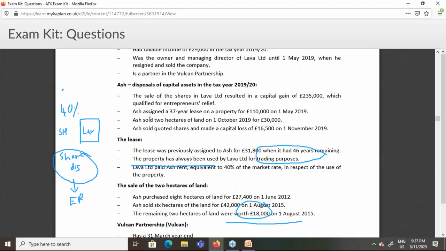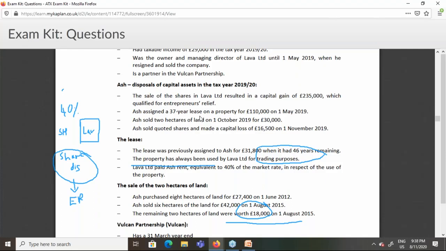Now, Ash assigned a 37-year lease on a property for 110,000. We need to understand that this lease assignment, the sale of the lease right, is a single asset disposal. You have a leasehold asset.